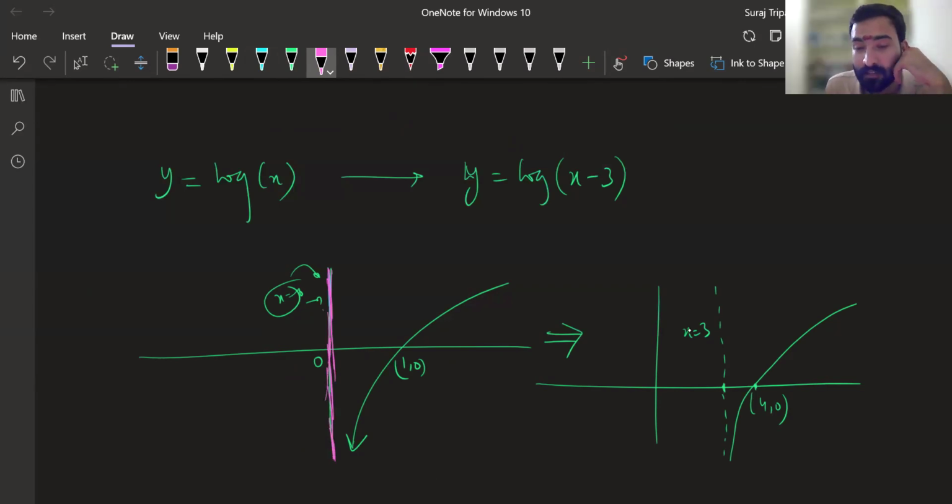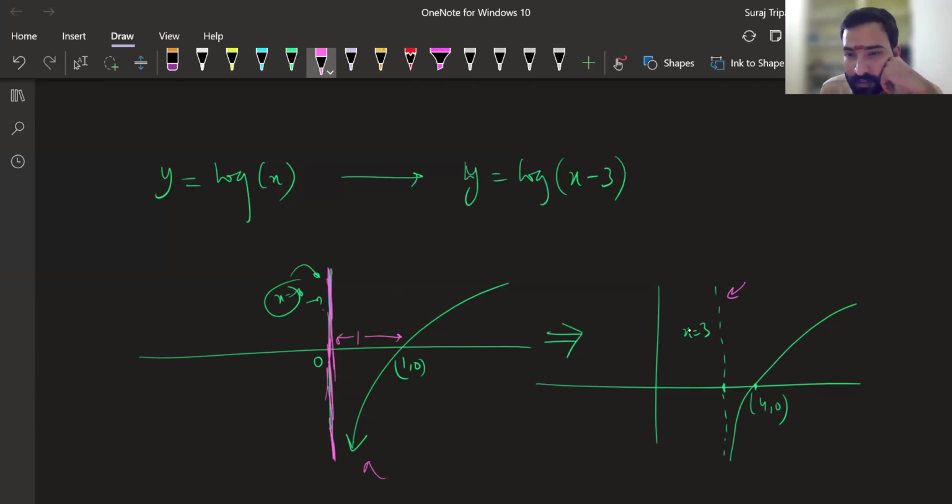For the new graph, the asymptote will not be x equals 0. The y-axis will not be the asymptote. The graph will approach this new line, x equals 3. As you can see, the old graph approaches this line with a gap of 1 unit between this point and the asymptotic line.